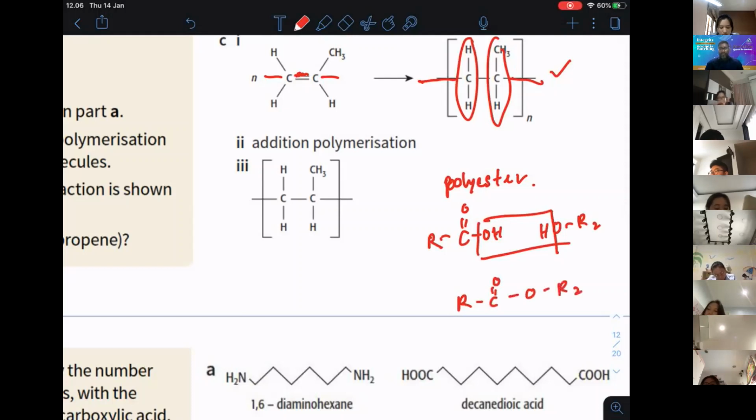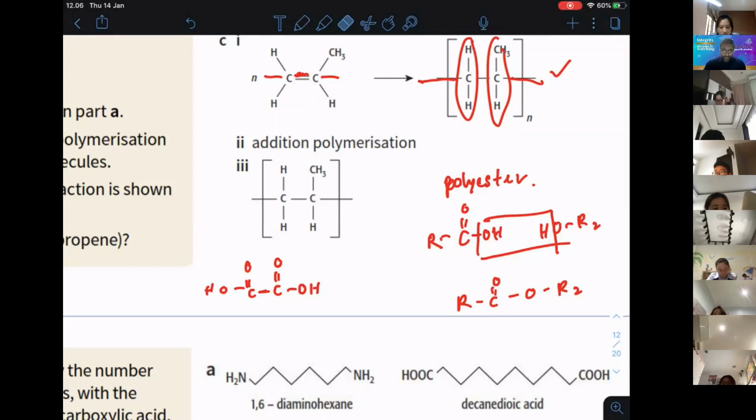This is a simple ester. What happens if I want to have polyester? In order to get polyester, you do like this: C double bond O, OH, something in the middle, but they can have C double bond O, OH here. Then only you can have polyester.